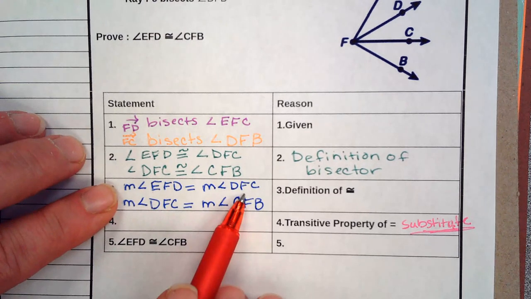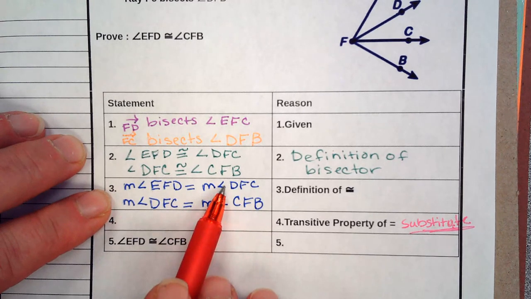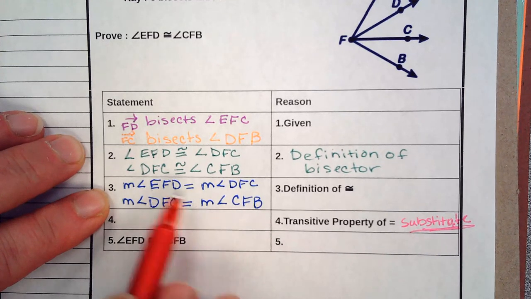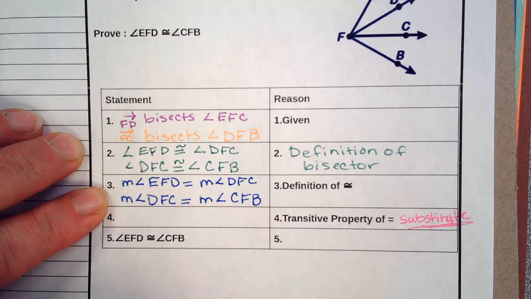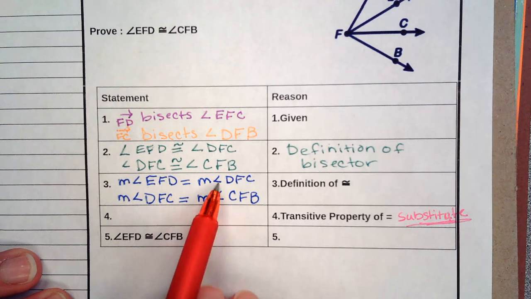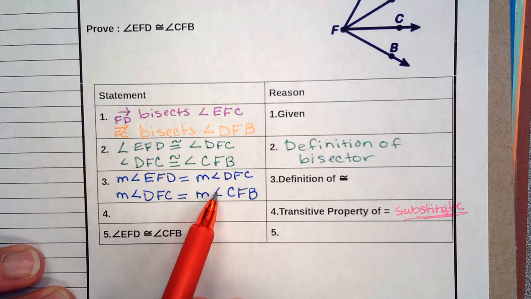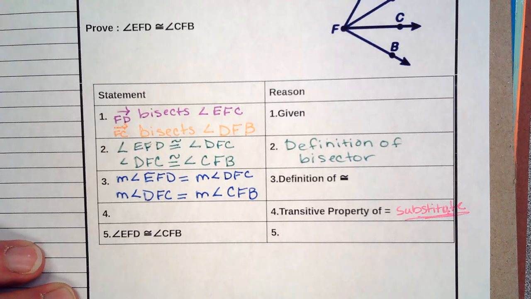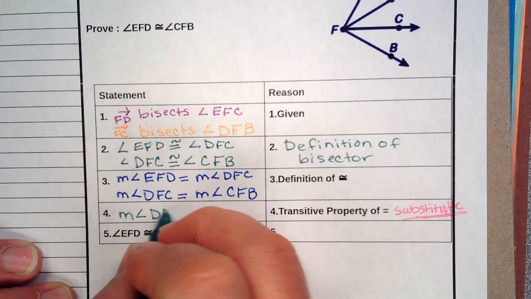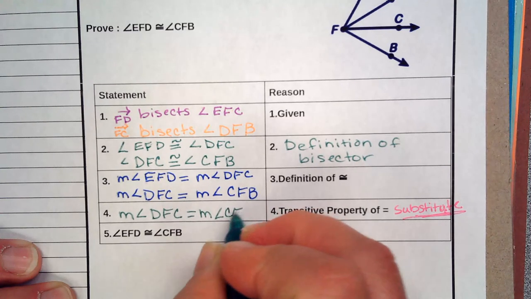Well, this is equal to this angle. I see the angle here. That means if this is equal to this angle and this angle is equal to this, then the first and the last angles must be equal also. That's how it transfers. It transfers that equalness. So, the measure of angle DFC is equal to the measure of angle CFB.